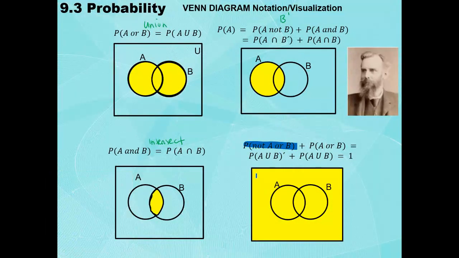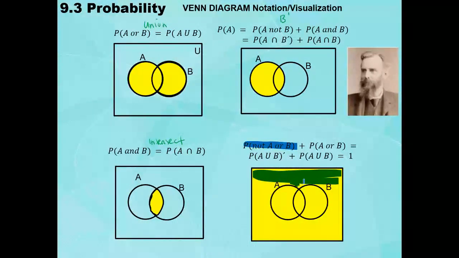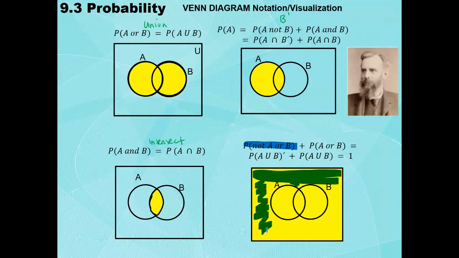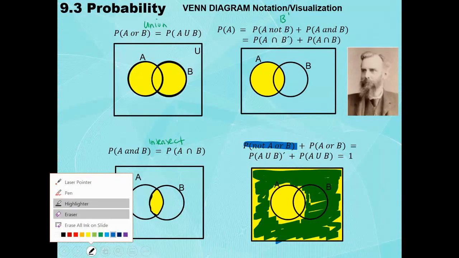So the probability of not A would be everything around here. This would be not A. Oh wait, it's not A or B.